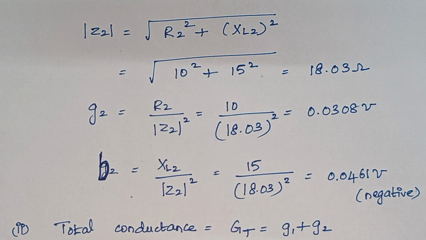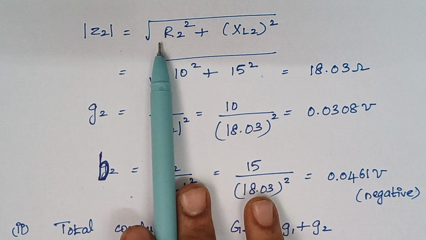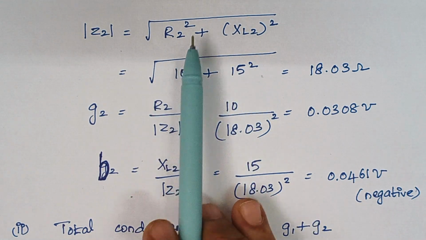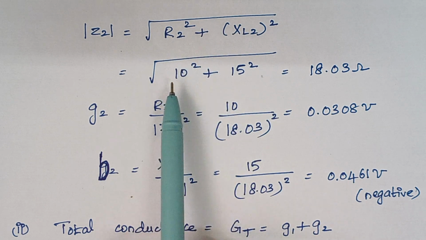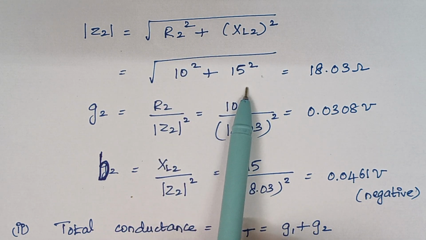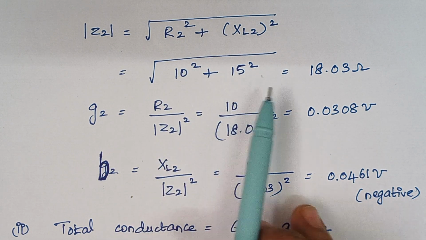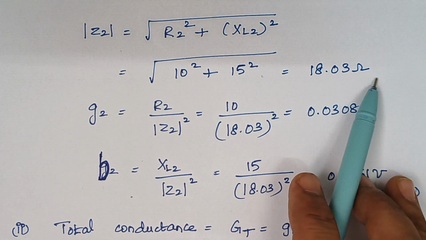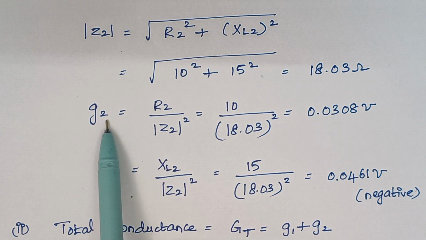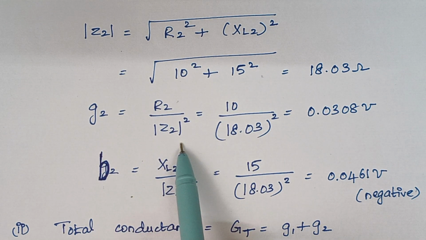The next step is we need to calculate Z2. So it is given by this formula, square root of R2 square plus XL2 square. R2 is 10 and XL2 is 15. So when you substitute the values, here the answer is 18.03 ohms. And G2 is given by R2 by Z2 square.